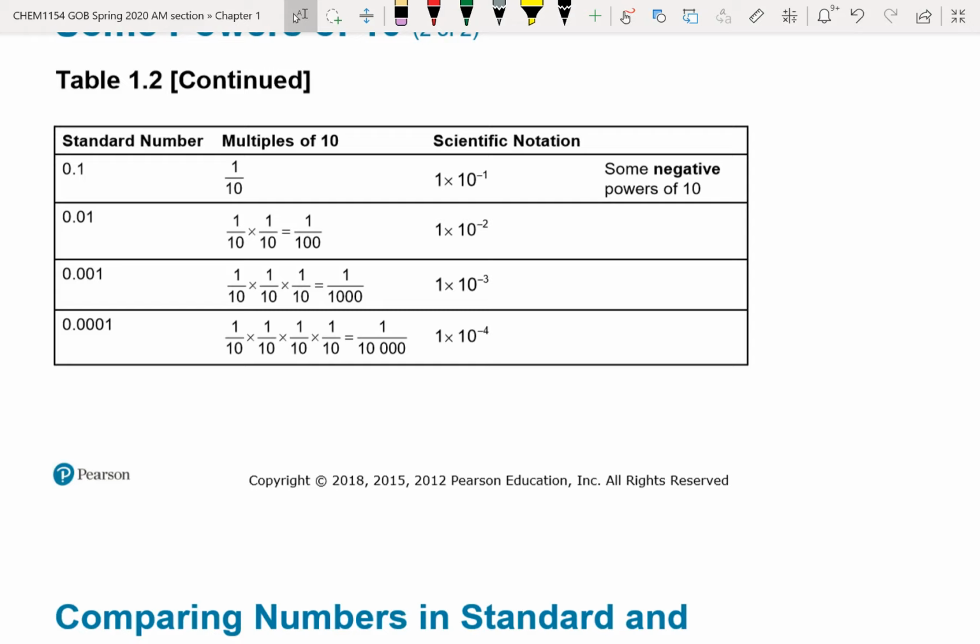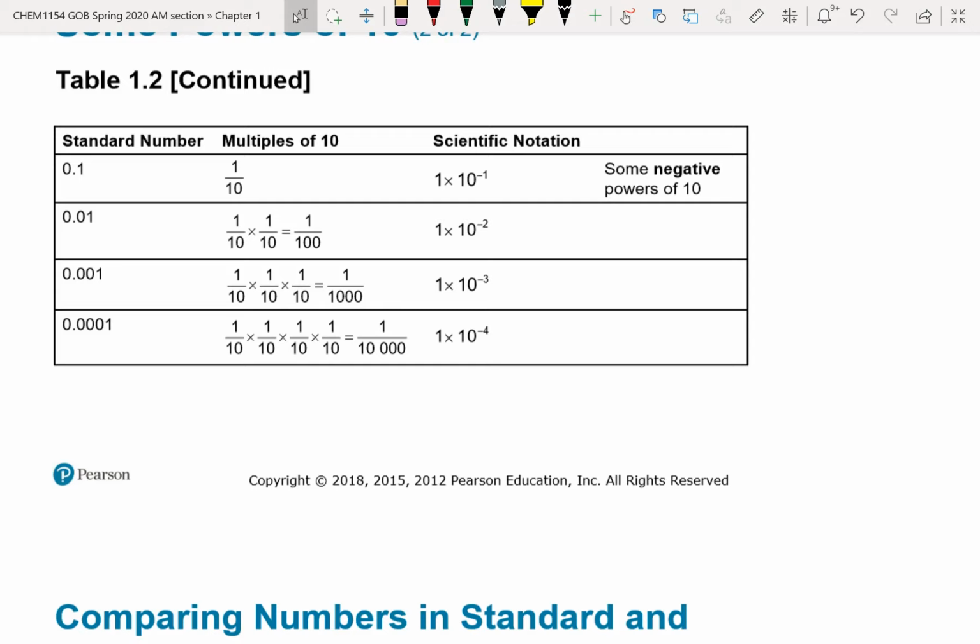Right? So the bigger the negative exponent, right? So 10 to the negative 4 is a smaller number than 10 to the negative 3. And 10 to the negative 3 is a smaller number than 10 to the negative 2. 10 to the negative 2 is a smaller number than 10 to the negative 1.